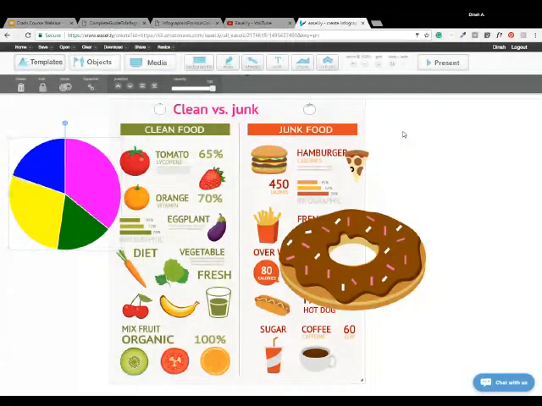And the only thing to keep in mind is you want to think about how you're going to be sharing your infographic. If it's going to be a downloaded image or a PDF, then the video is not going to work. But if you're going to share it through a browser window, or if you're going to embed your infographic onto your website, or embed the infographic onto a learning management system, then the video will work perfectly fine.